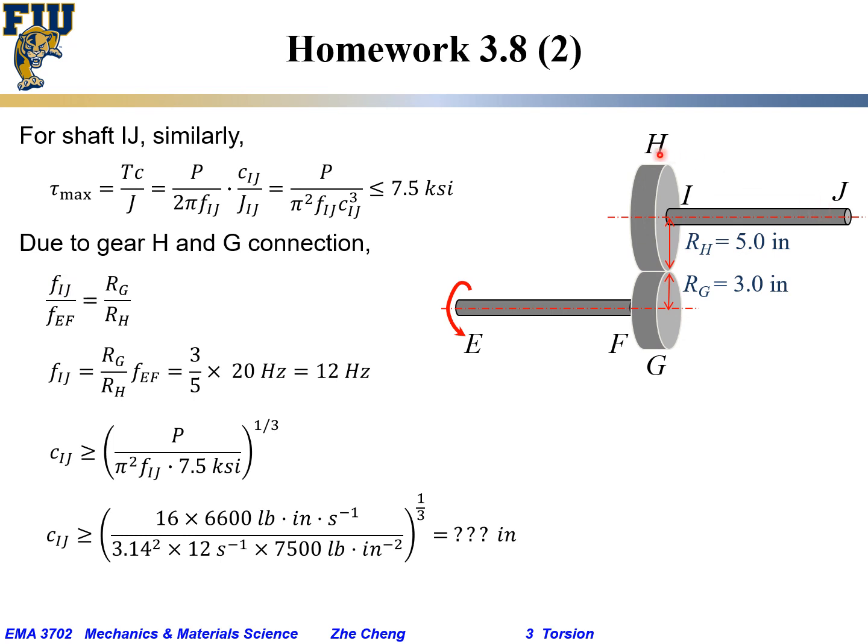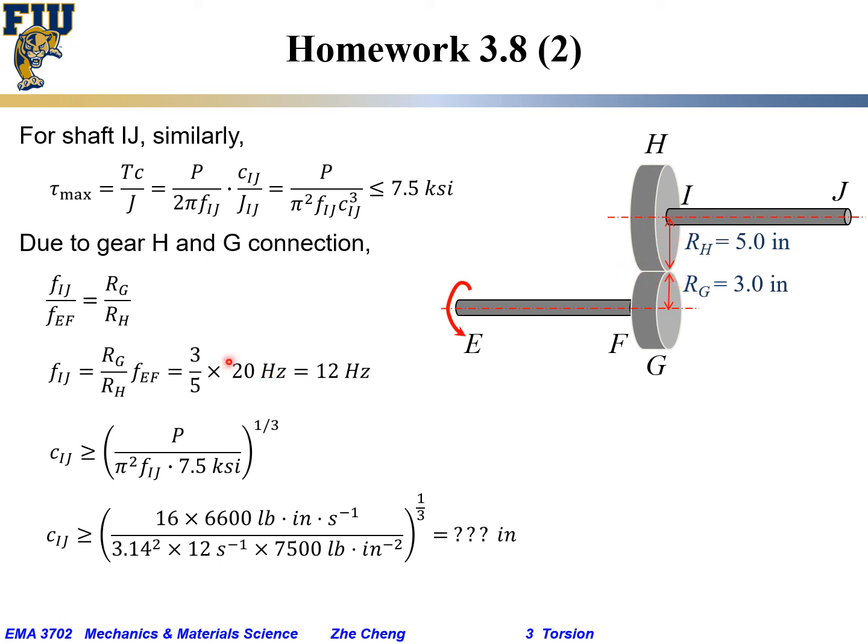IJ is connected to H, so the frequency for H is the same as for IJ, and frequency for H times RH equals frequency for EF or G times RG. As a result, frequency for IJ would be frequency for EF times the ratio of radius of G gear over radius of H gear.